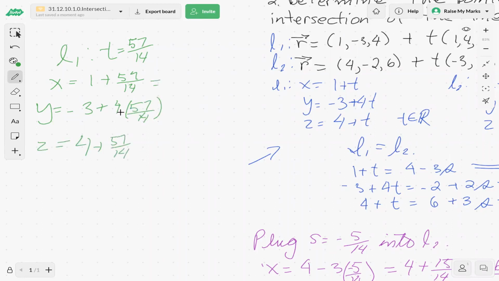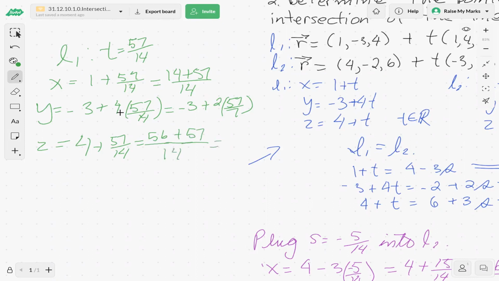All right, so we have 14 plus 57 over 14, equals negative 3 plus, let's see, 2 times 57 over 7, and 4 times 56 plus 57 over 14.